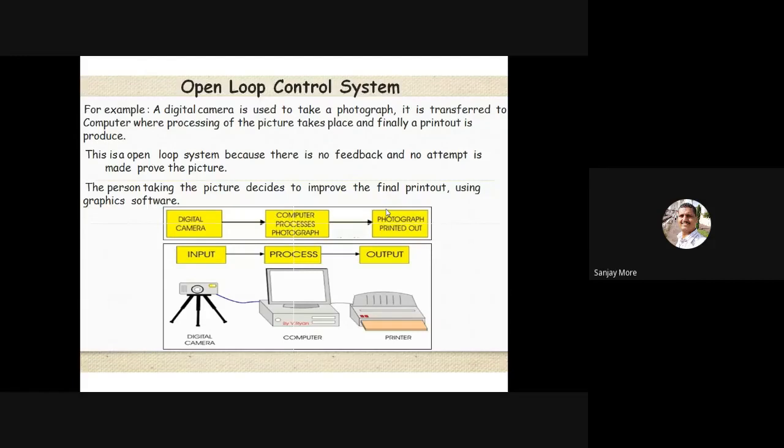This is an open loop system because there is no feedback and no attempt is made to improve the picture. The person taking the picture may decide to improve the final printout using graphics software. This is the overview of open loop control system.